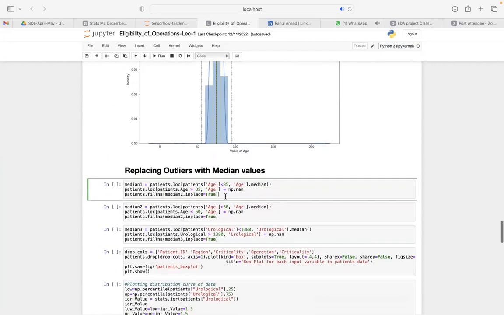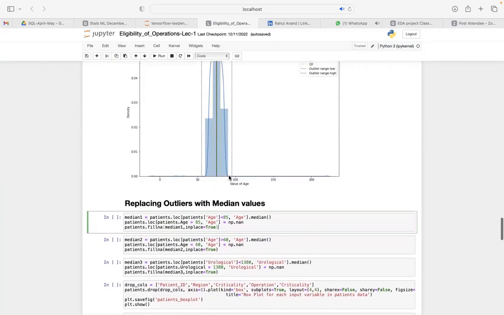What I've done is I've just taken it from the visual numbers. So I felt that 85 should be a particular value, after which whatever lies beyond 85 can be replaced with the median. Whatever lies below, say, 60, can be taken as the median as well.